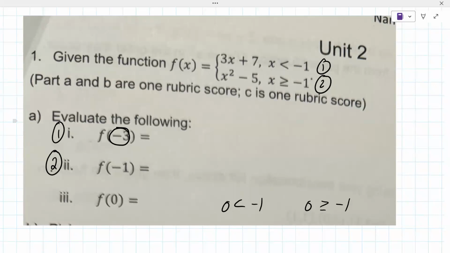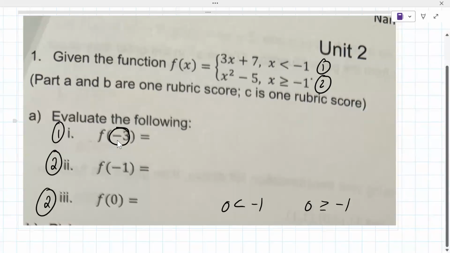The second piece. Okay, so can you put -3 into the first piece? Give me the result, please.